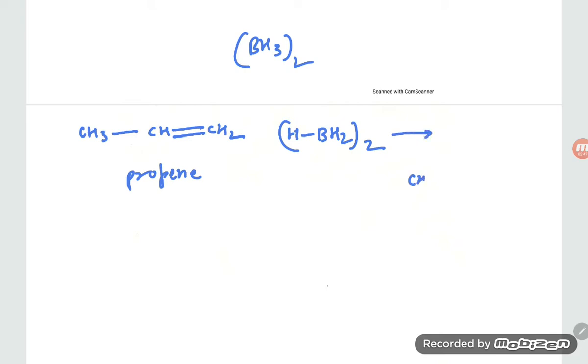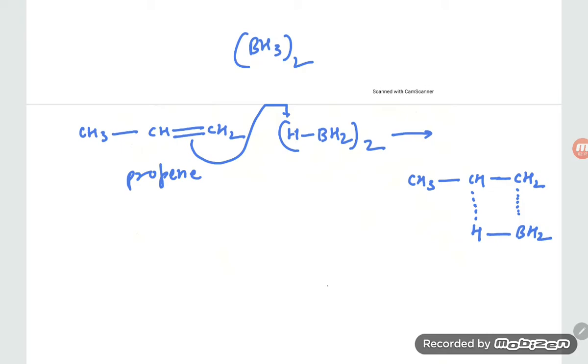So what will happen, student, in this step? You see, this is the CH3, then we are having CH, and this bond we are separating, the single bond of the double bond, because we are supposed to form a bond here. With this CH2 we are adding BH2, and with this CH group we are adding H, and the other bond is there as it is.